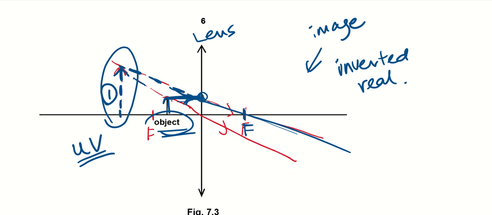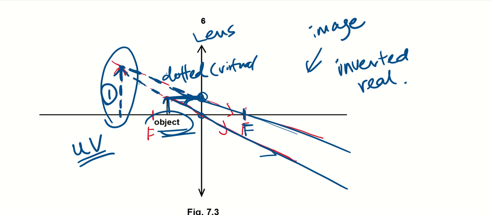Because all this part is actually dotted, virtual. So with that, you fix your F. After that, you will also have one light ray that passes through the center of the lens. Again, because this image is virtual, you draw backwards. Where they meet will be the position of the image.